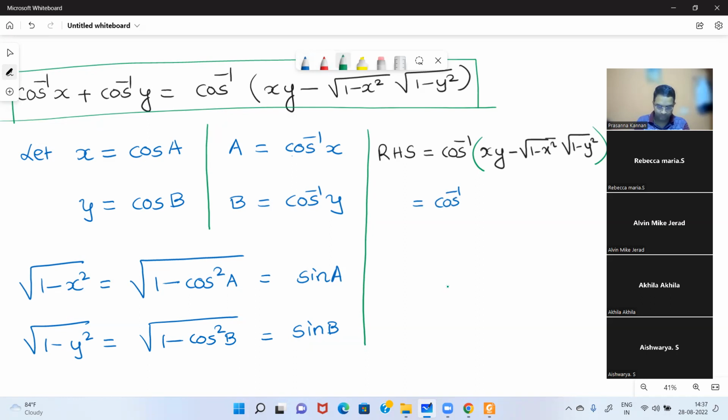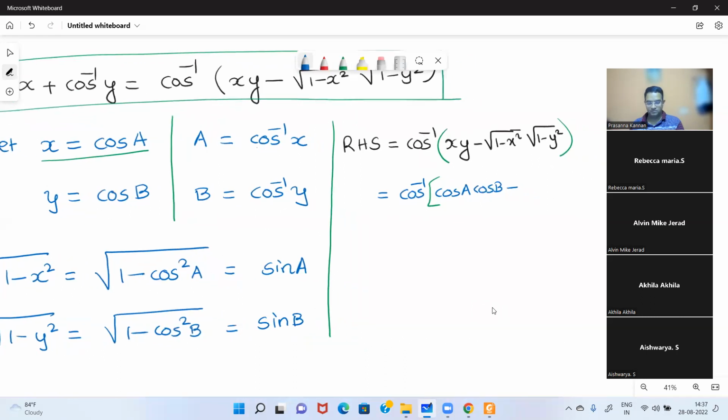Cos A. What is y? Cos B. Minus. What is root of 1 minus x square? Sin A, we just got it. What is root of 1 minus y square? Sin B.